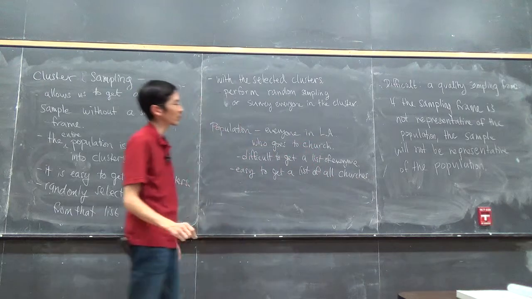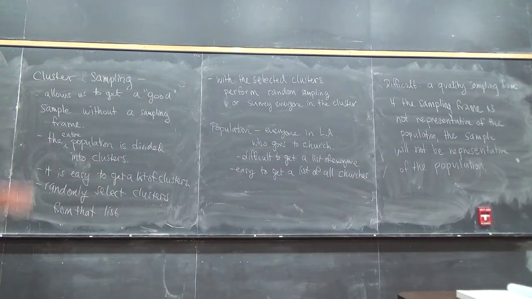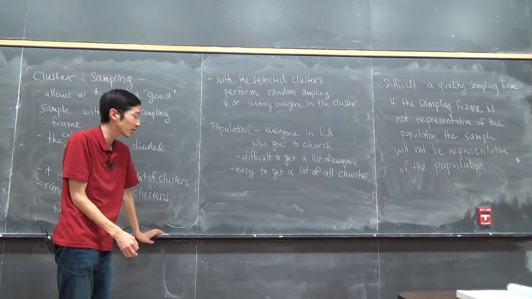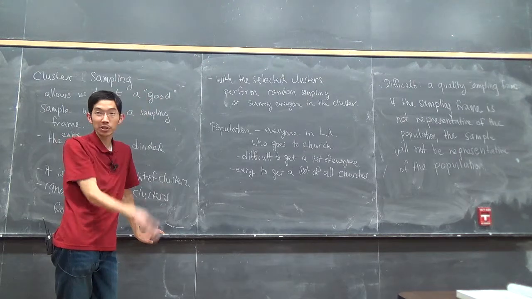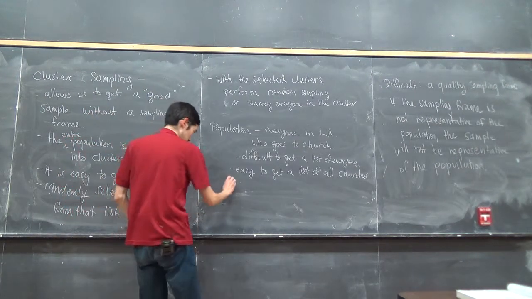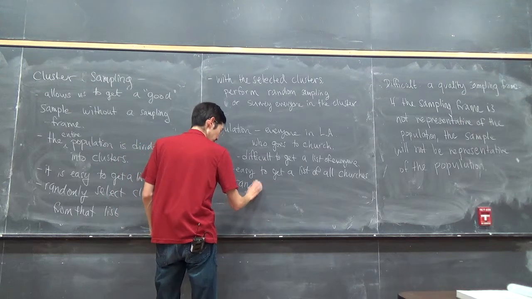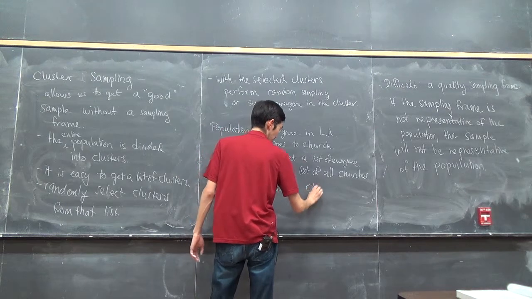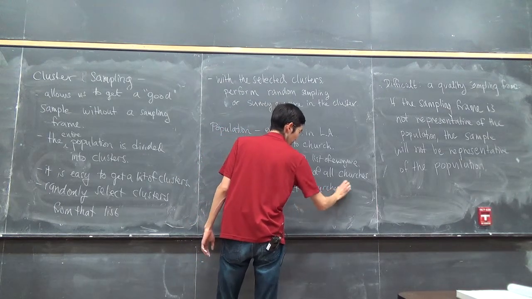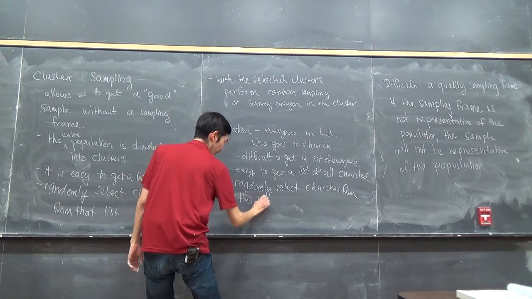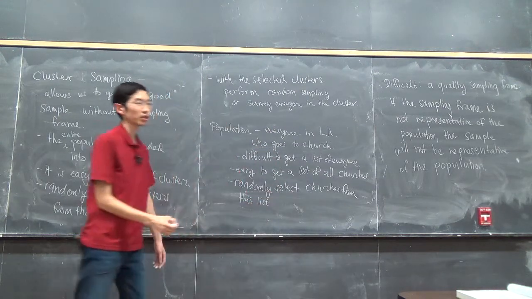to get a list of all churches. Okay? And so if we have a list of churches, whatever, 100-something churches, I don't know how many churches there are, but let's say we get a list of all the churches, then we can randomly select churches from that list.